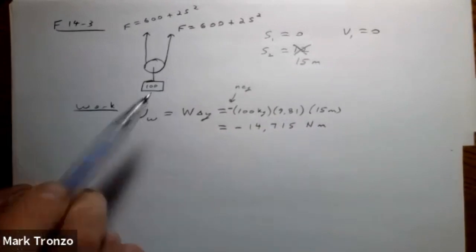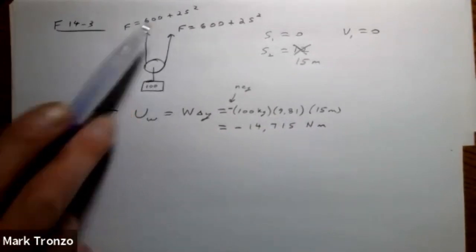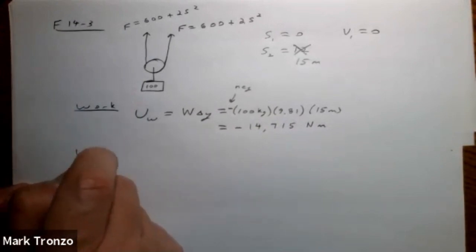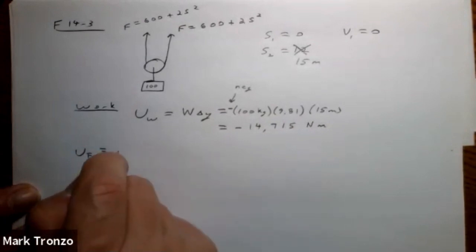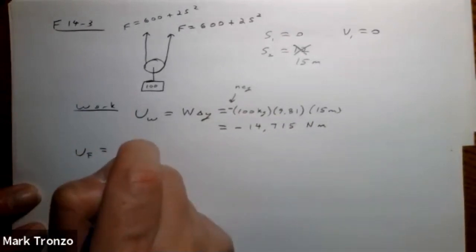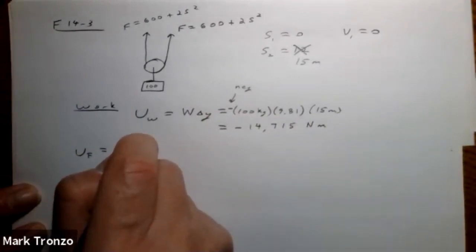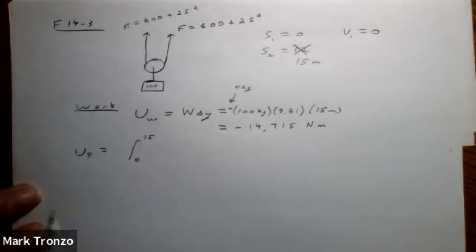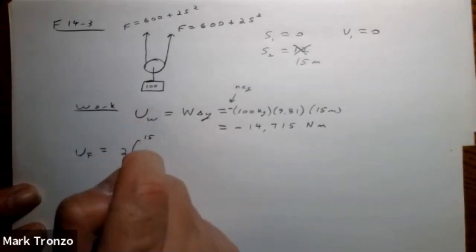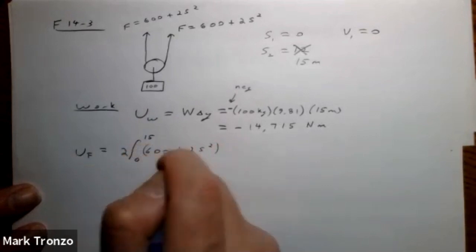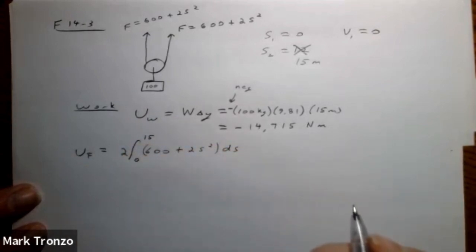Now the force is variable, so we're going to have to integrate. So when we do the U of F, it's going to be the integral from 0 to 15. And there's two forces. Remember, since it's the same on both sides, we can multiply this by 2. But we do have to integrate 600 plus 2s squared ds.